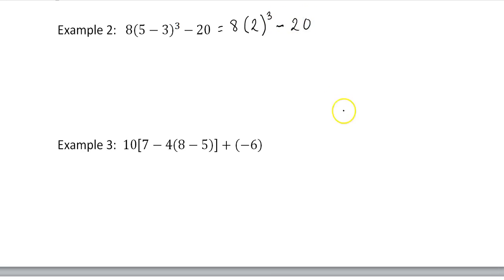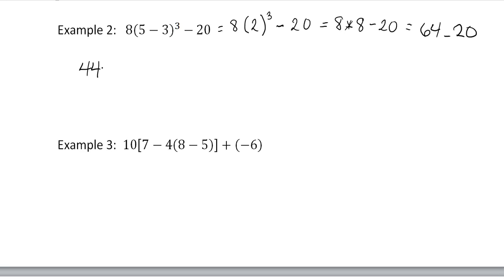And then we're going to subtract that 20. So here I have 8 times the cube of 2. Well, 2 times 2 times 2 is 8. So I have an 8 times an 8 minus 20. So I have a 64 minus 20, and that's going to give me a 44 when I subtract that 20.